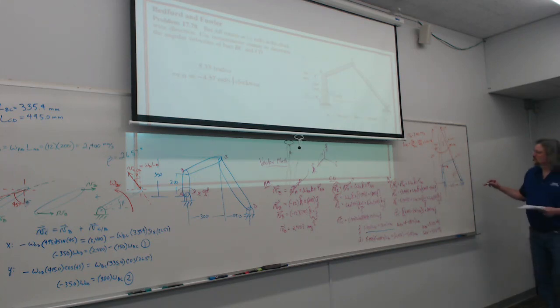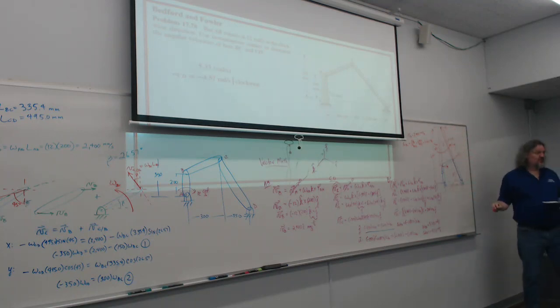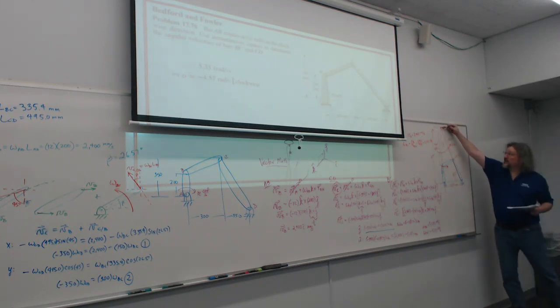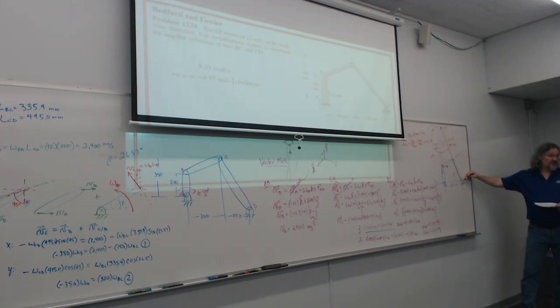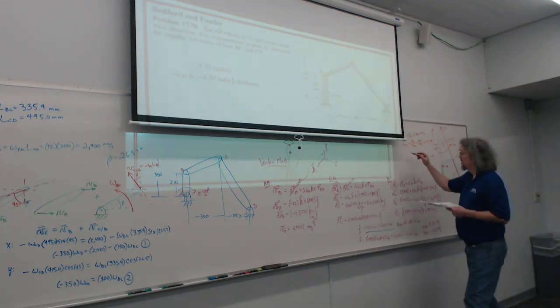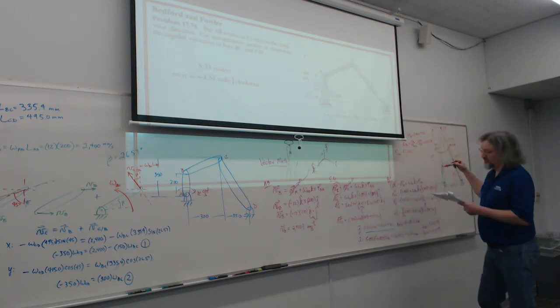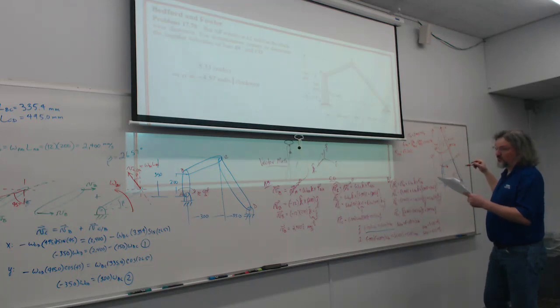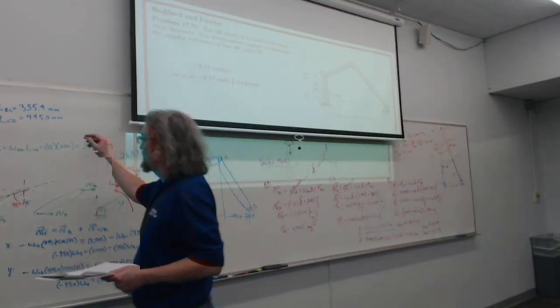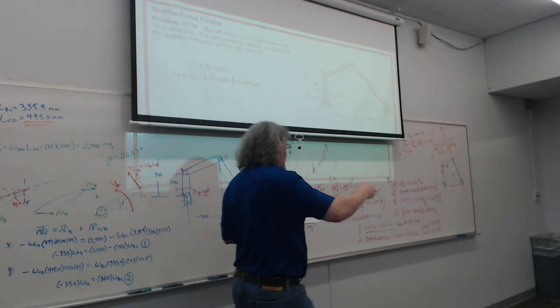So this entire length right here would be 650 times the square root of 2, that leg from here all the way down to here, because it's a 45 degree triangle. So the hypotenuse is just going to be the leg times the square root of 2. So R of C with respect to ICR is going to be the square root of 2 times 650, but we're going to subtract out the length of one of the things. We already found that the length of this was 495, so that's why I'm writing 495 here.